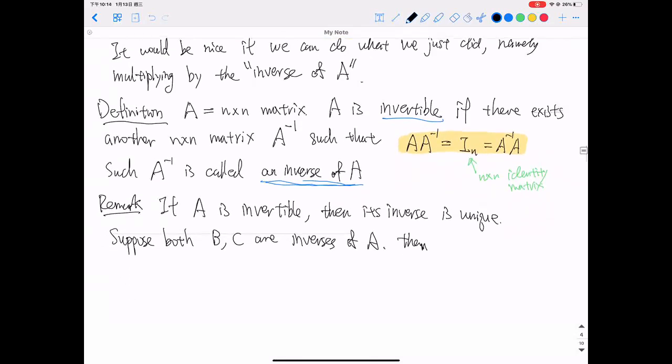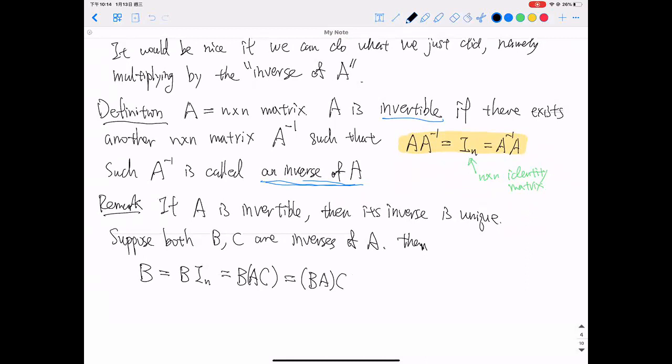Then the following happens. You can see that B is equal to B times the identity, and the identity is also equal to A times C, because C is A inverse. Now, associativity allows you to group the first two products together first.